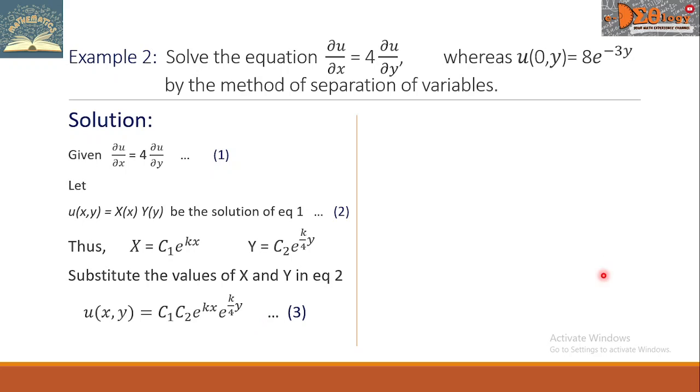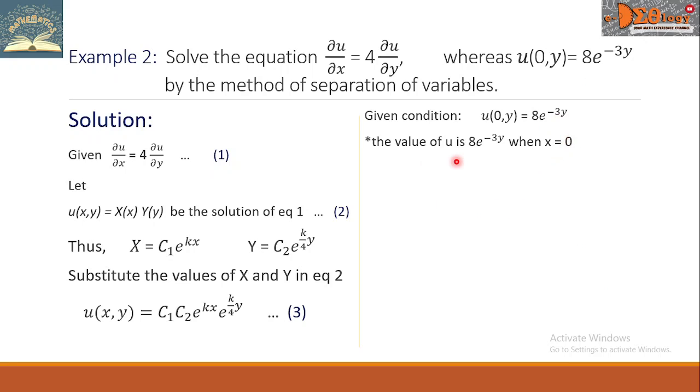Next thing to do, we will now consider the given condition in the problem. That is u of 0, y equals 8 times e raised to negative 3y. This equation means the value of u is 8 times e raised to negative 3y when x equals 0.